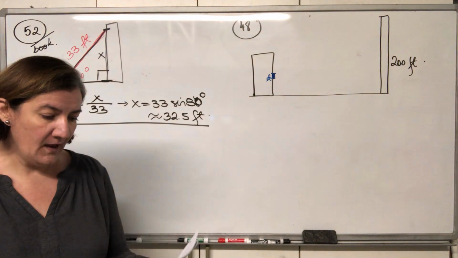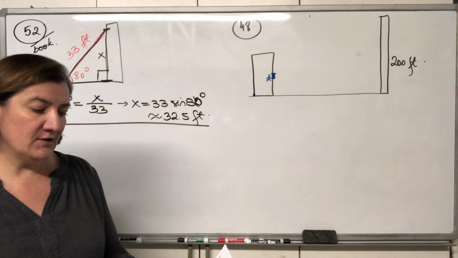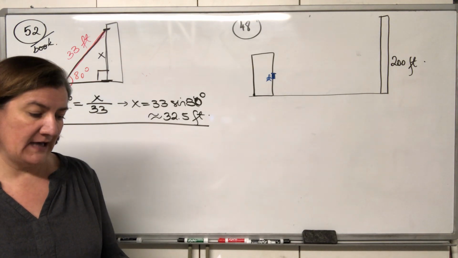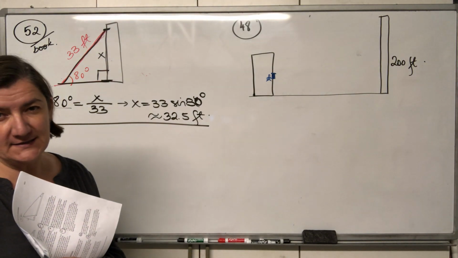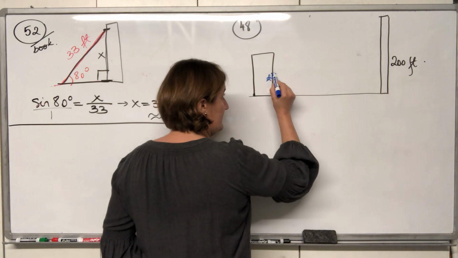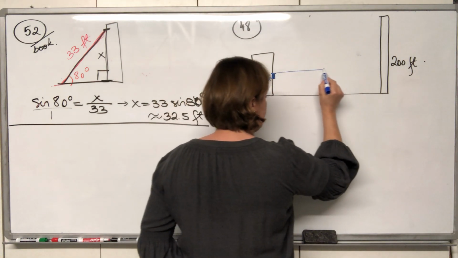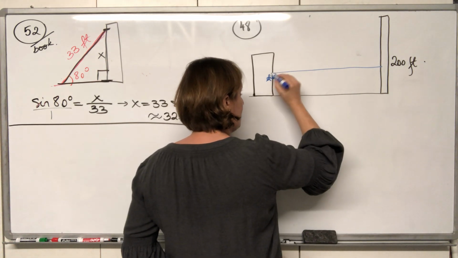Good. So from a window in the building, a person determines that the angle of elevation to the top of the monument is 15 degrees. Now we definitely need to know what an angle of elevation is. An angle of elevation, or an angle of depression, as the next part will say, is the angle made from the horizontal.